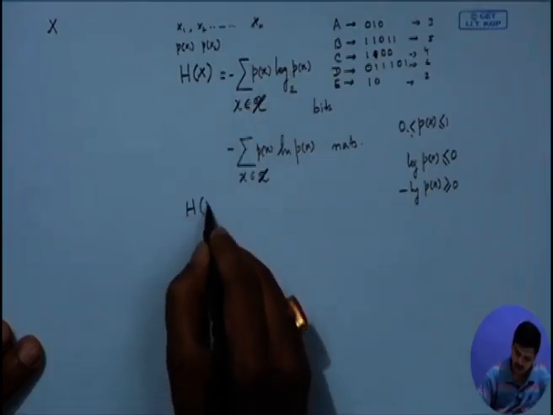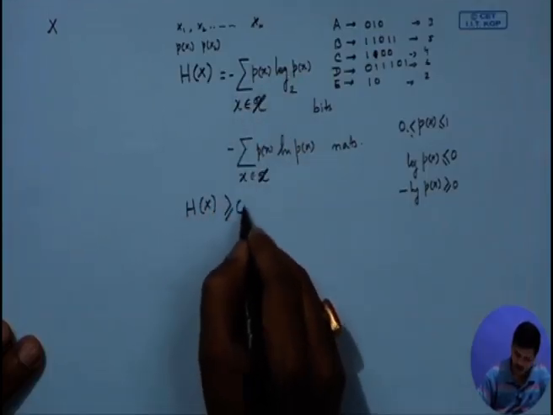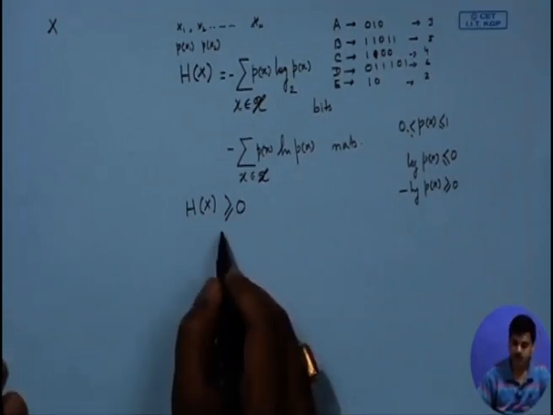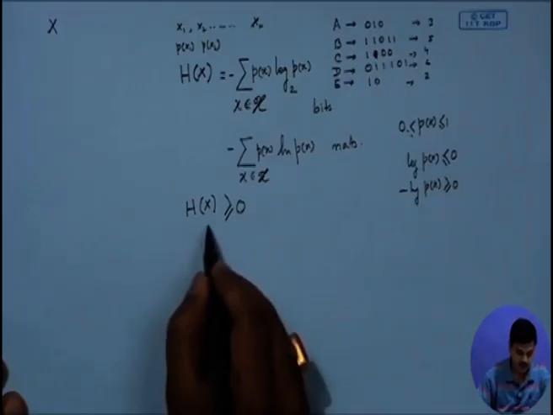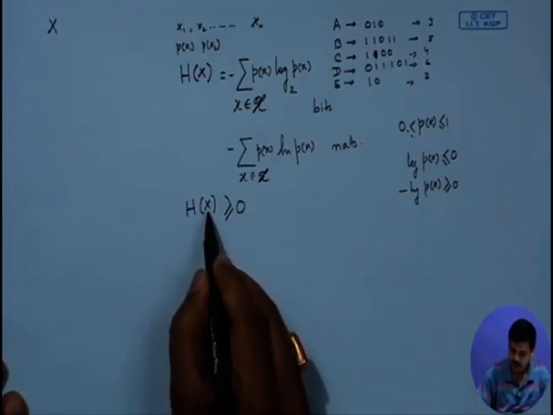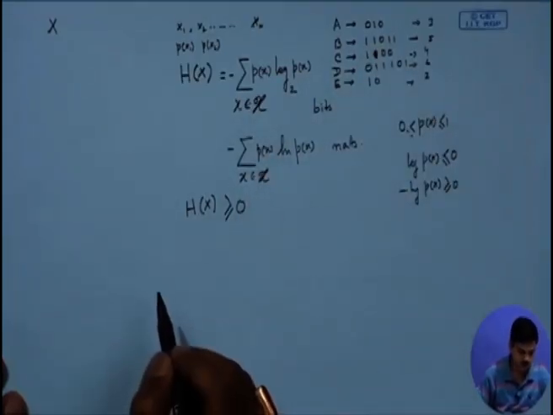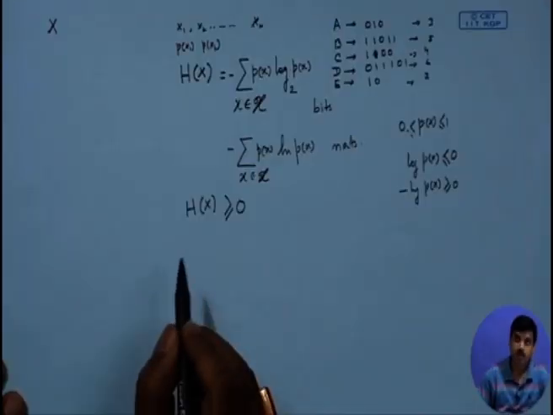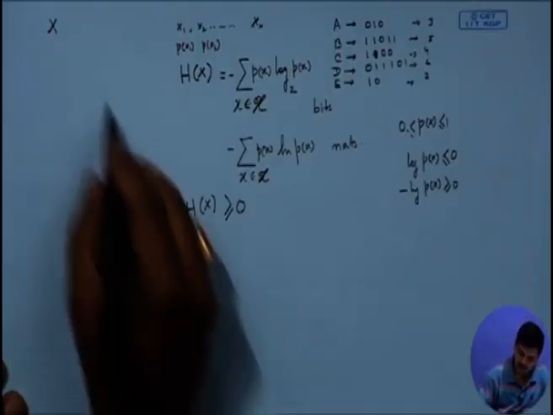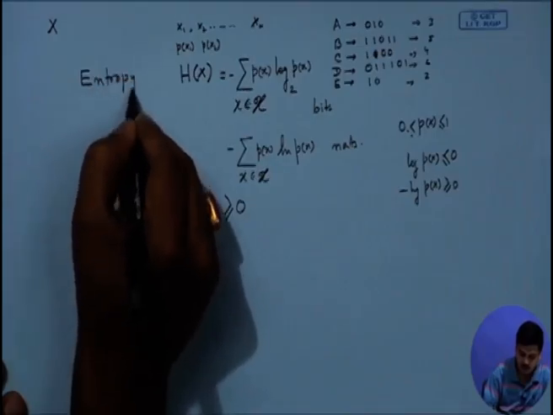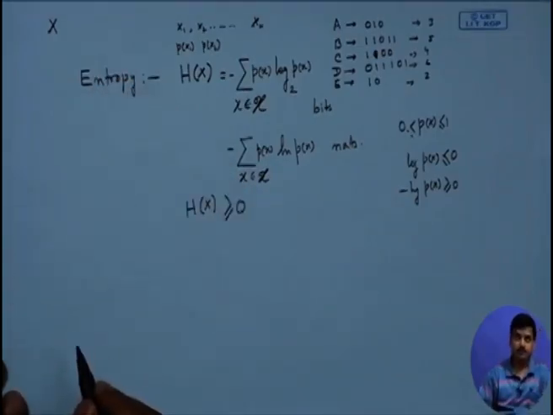So we could say H of X is always greater than or equal to 0. This is one of the fundamental things that we should always remember: H(X) is never negative when we have X as the outcome of sources and p of x as the probability of occurrence. And remember, we are talking about a discrete random variable at this point of time. So this is the definition of entropy.